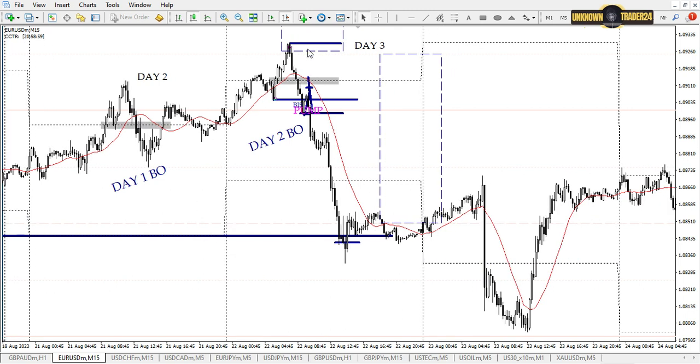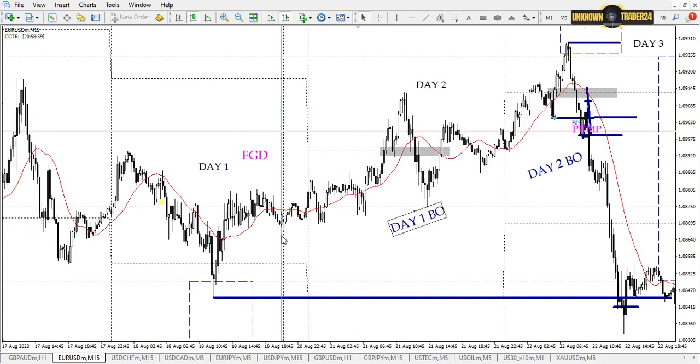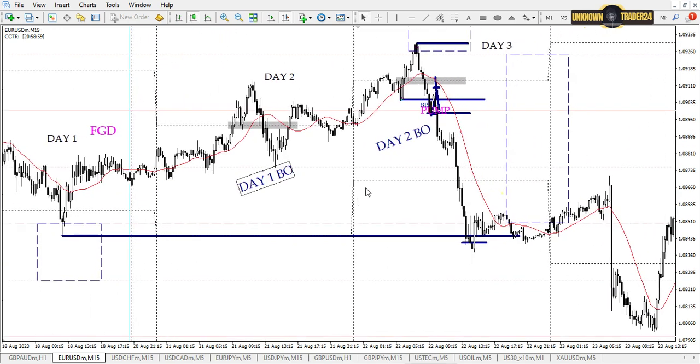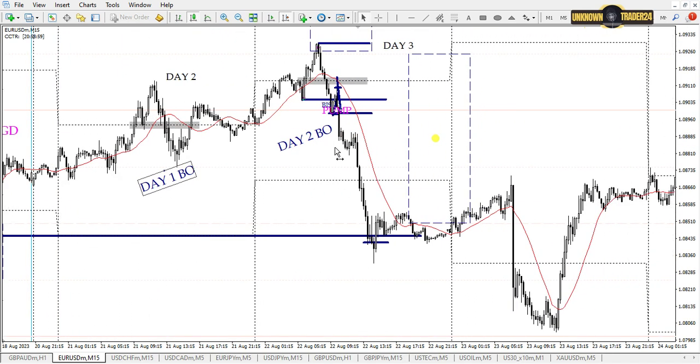Okay, and this, as you can see, this becomes day 1 breakouts. Unlike here, this is not day 1 breakouts, it's only day 1 rise, day 2 rise, but this one is day 1 breakouts. Okay, and this is day 3 of rise, but day 2 of breakouts.